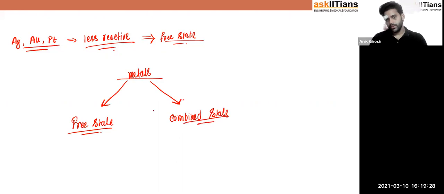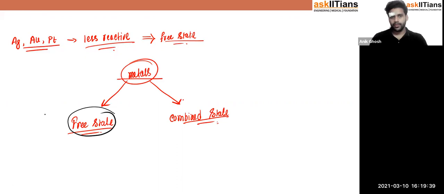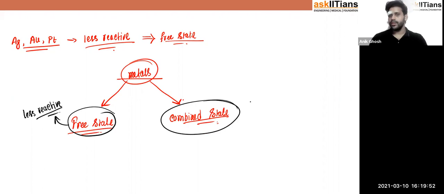Either in the free state or in the combined state, okay? Now, which metals are going to be in the free state? The metals that are less reactive, right? But the metals that are more reactive want to be in the combined state.